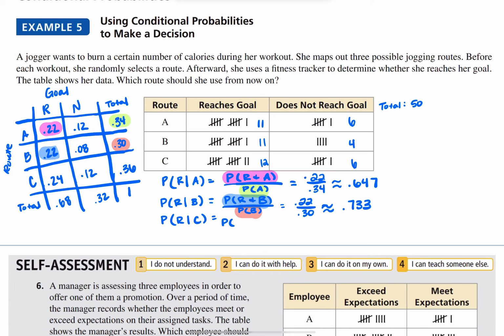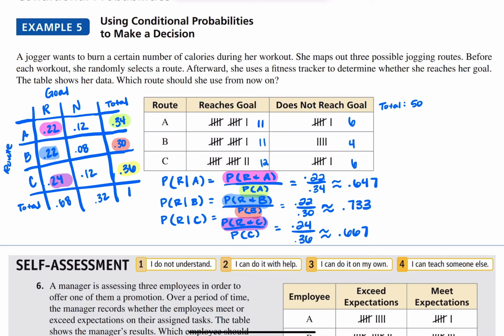And then finally, the probability she reaches and is en route C, given that she's en route C, so reaches and is on C, 0.24, given that she's en route C, 0.36. Find that decimal, which is about 0.667.